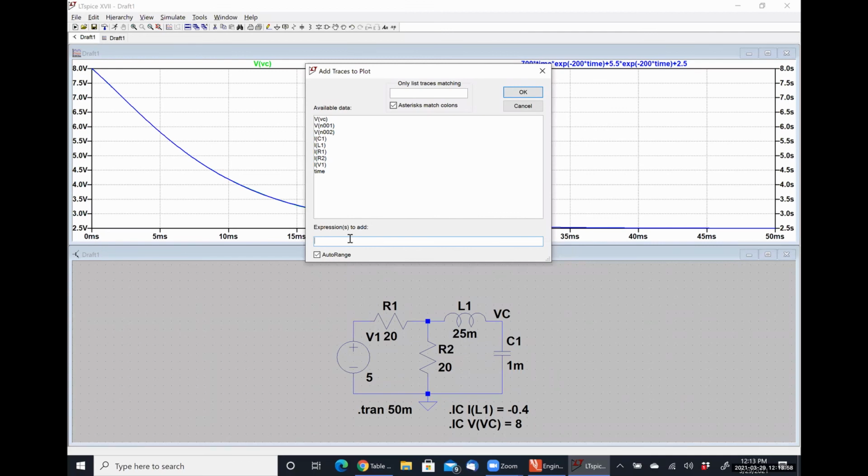And if you have a sinusoidal function, LT Spice only does things with angles expressed in degrees. So because we deal with angular frequency measured in radians per second, you're always going to have to multiply by a factor of 180 divided by pi to convert that angular frequency into a linear frequency.